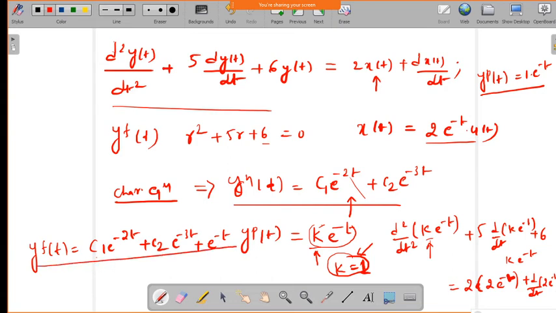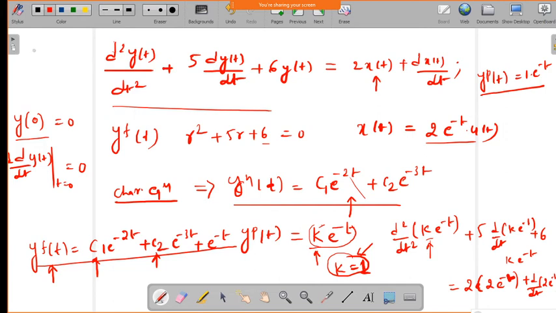Now, in order to find the values of C1 and C2, put the initial conditions, which are y of 0 equal to 0 and d by dt of y of t at t equal to 0 equal to 0. Put t equal to 0 here and you will get y of 0, and differentiate and put t equal to 0, you will get the corresponding equations.